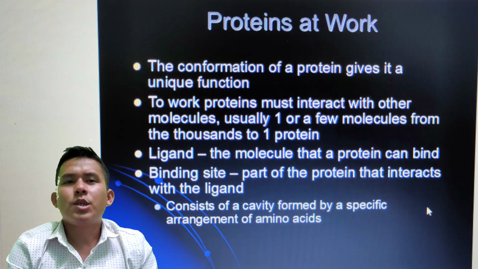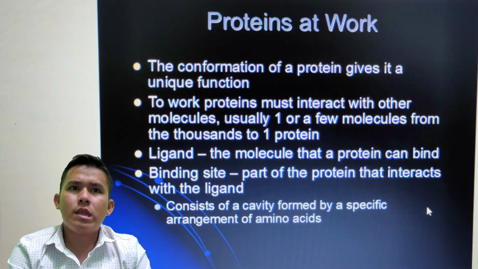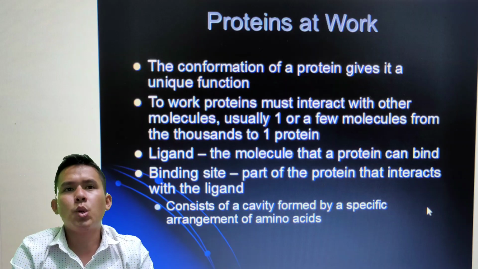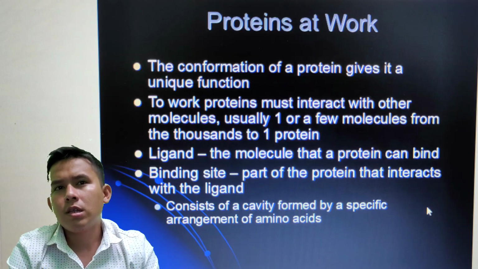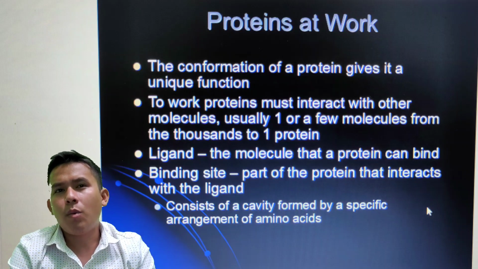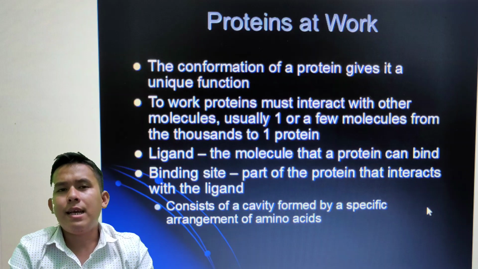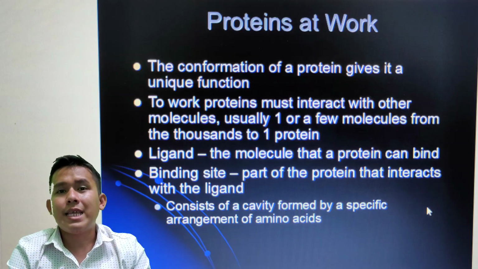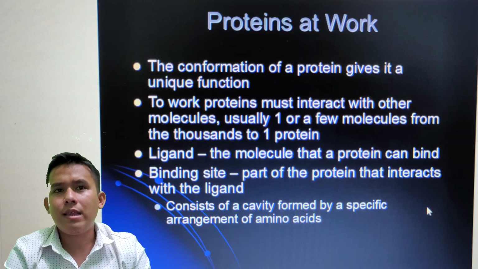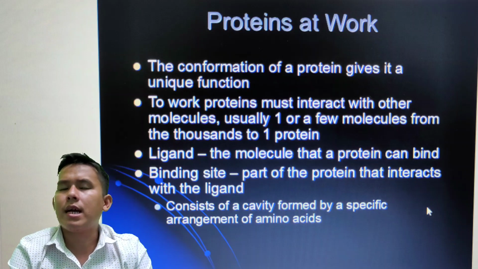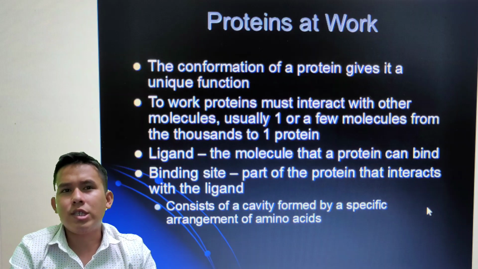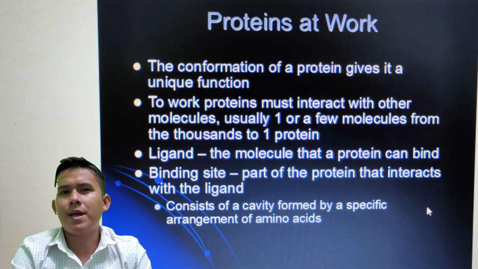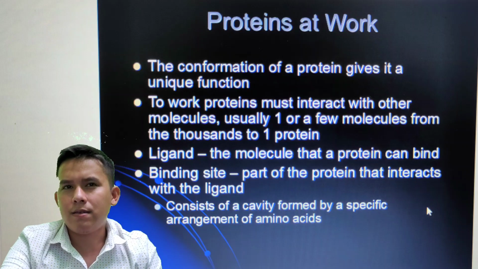Proteins at work. The conformation of a protein gives it a unique function. To work, a protein must interact with other molecules, usually one of a few molecules from the thousands available. The ligand is the molecule that a protein can bind, and the binding site is the part of the protein that interacts with the ligand, consisting of a cavity formed by a specific arrangement of amino acids.